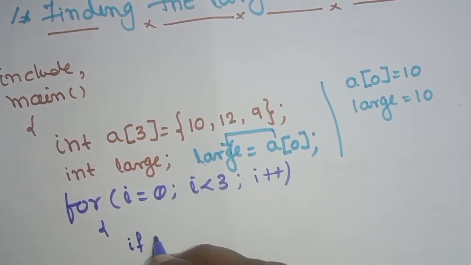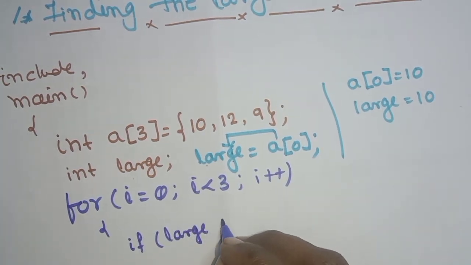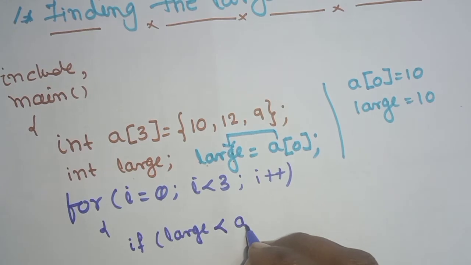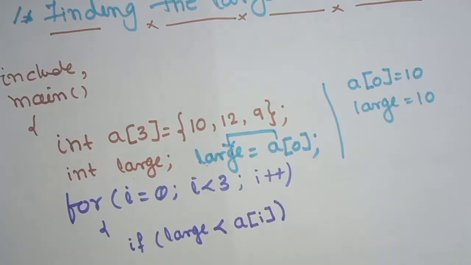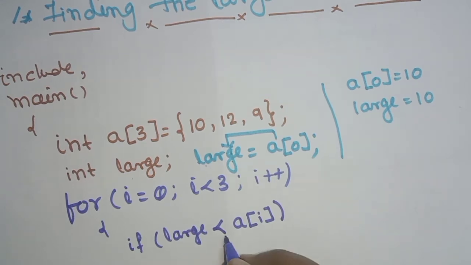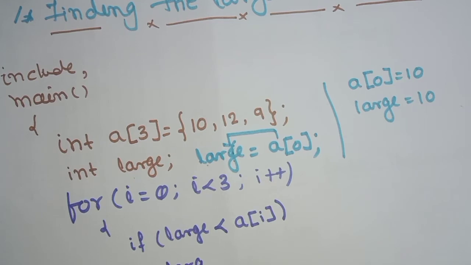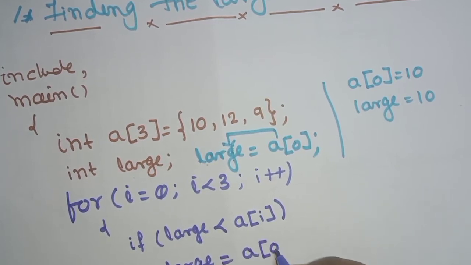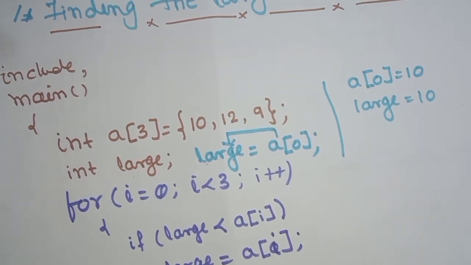If large is less than a[i]. We have to check each and every digit. If large is less than a[i], then large should be replaced by a[i]. Not a[0], it is a[i].